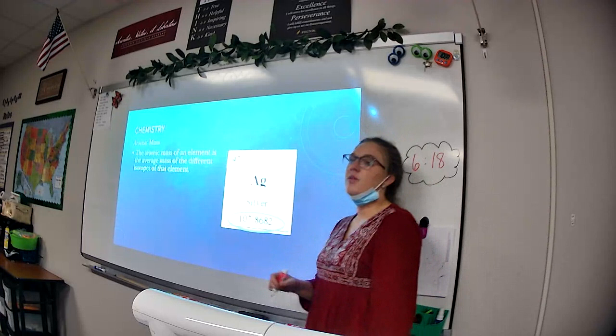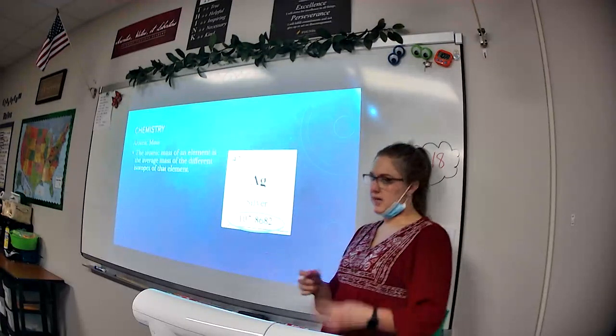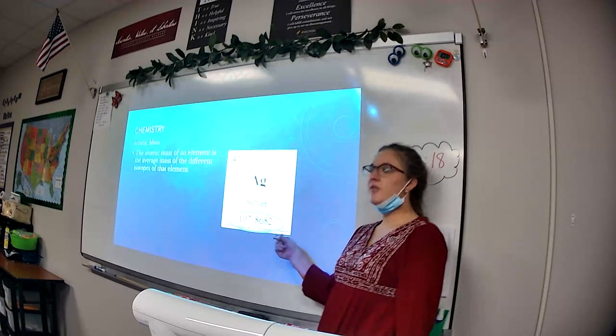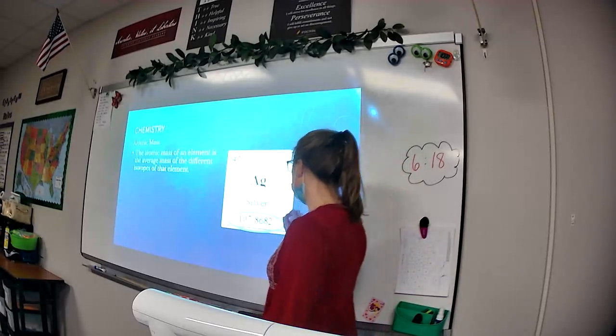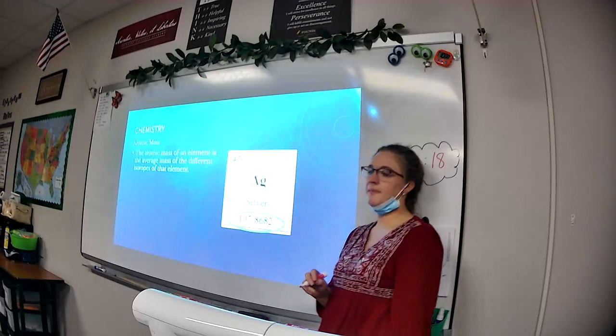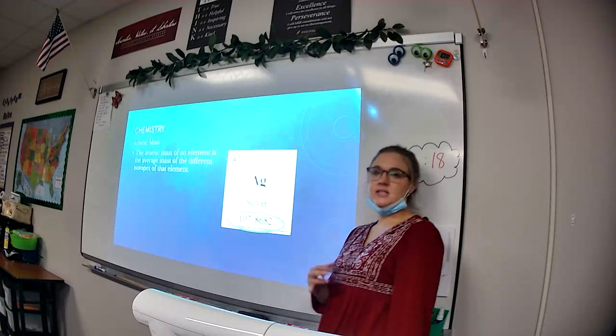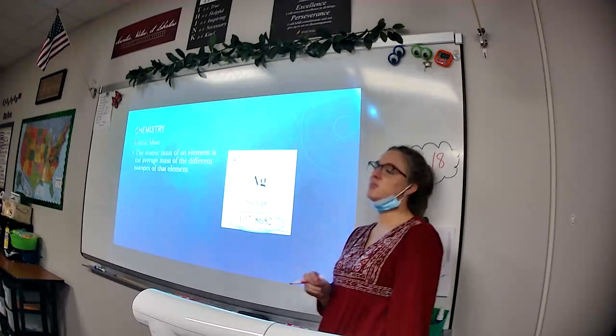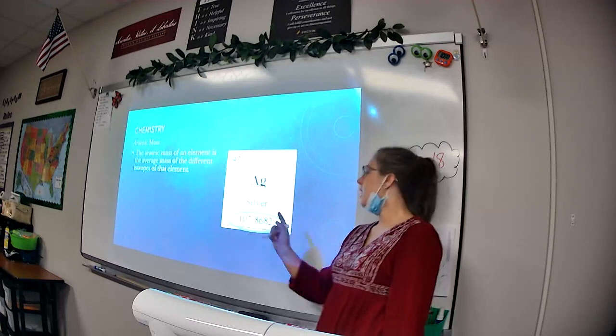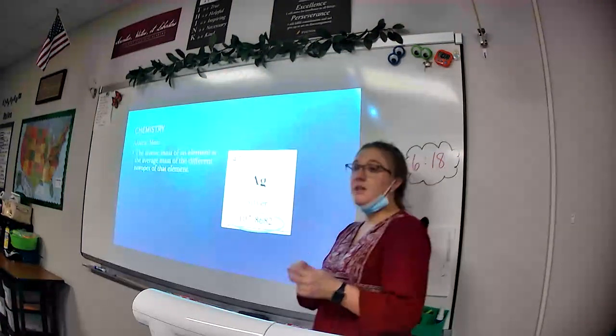Now, the unit for this mass, because you're going to have a unit, right? The unit for this measurement is atomic unit, AU. It's not grams, it's not centimeters, it's not milliliters. It is much, much, much smaller than that. Atomic unit.